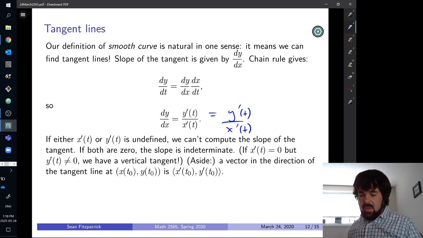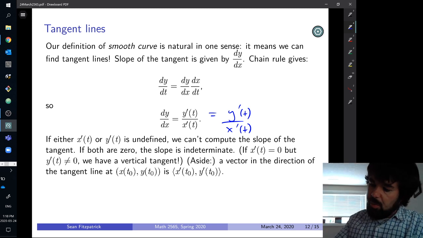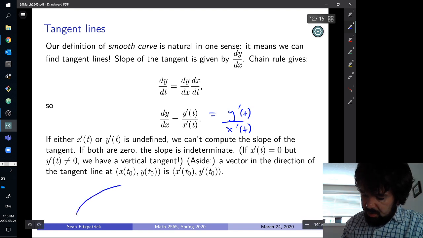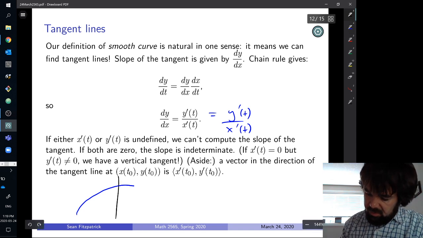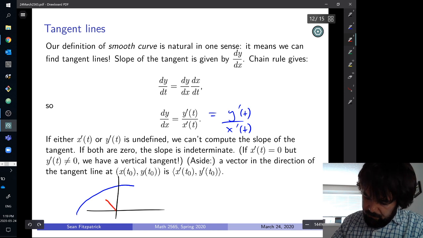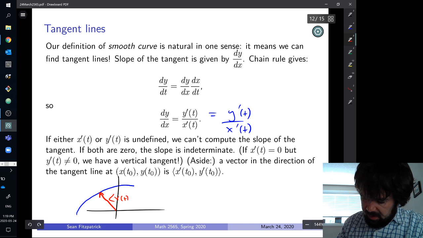Okay. The other thing I just pointed out here, for those of you who do want to think in terms of vectors, one of the things that you can do is you have some curve, right? So you've got this curve, and you think of the vector x of t, y of t.